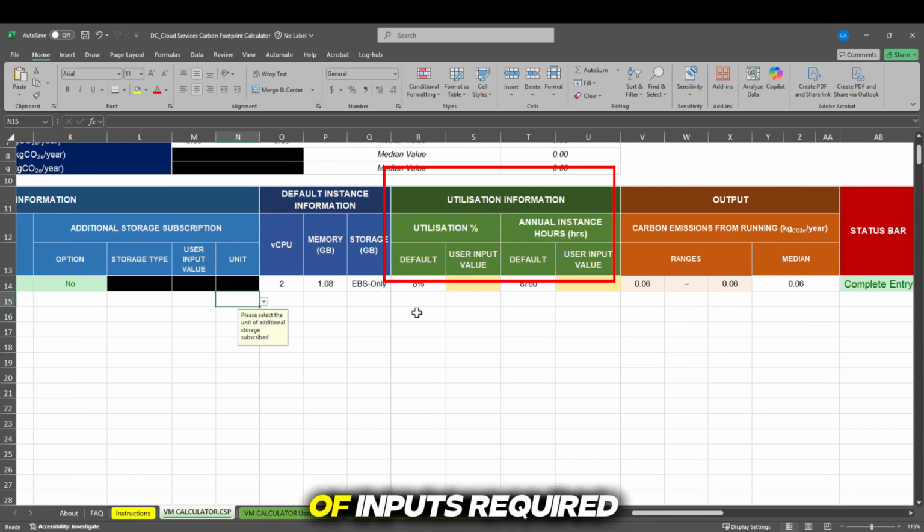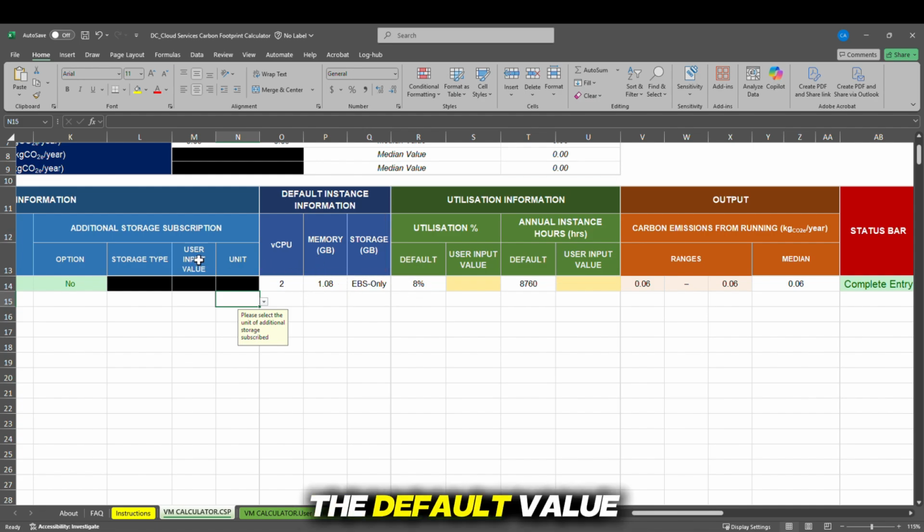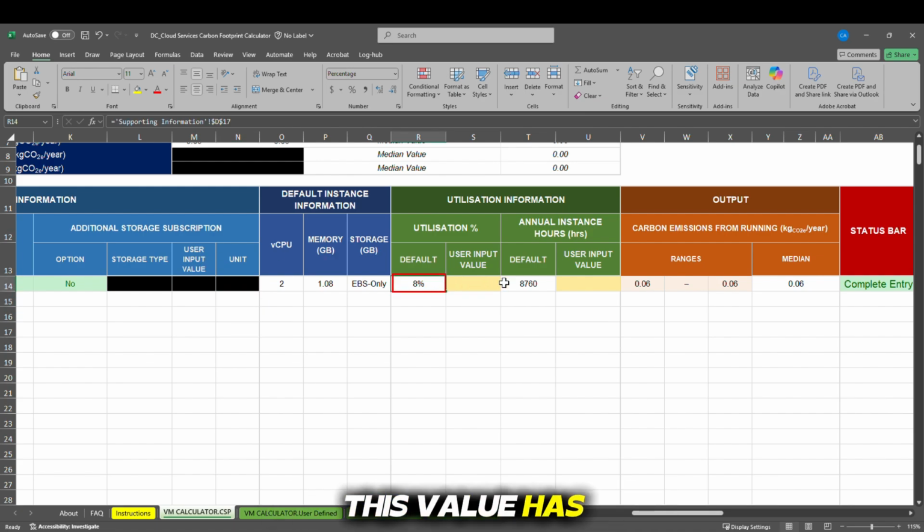The last part of inputs required before the results is the utilization information table. The default value we have for the utilization percent is 8%. This value has been obtained from various CSPs' data and has been validated through stakeholder engagement and operational data.